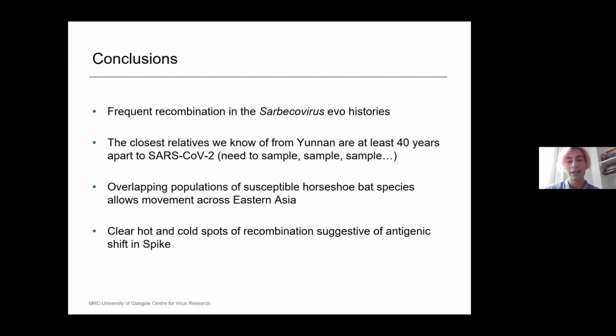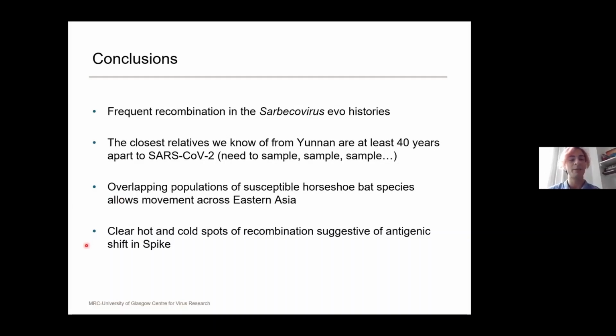But again, there's no guarantee that Yunnan, for example, is the place where this viral population resides, and because of this pattern of easy movement across East Asia of these viruses, which seems to be facilitated by the overlapping ranges and quite wide ranges of the susceptible horseshoe bat populations.